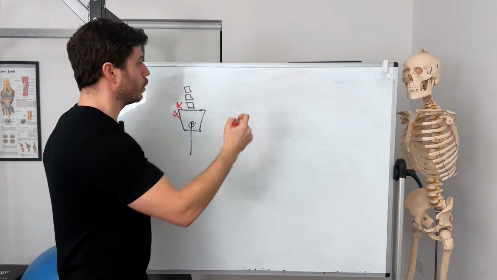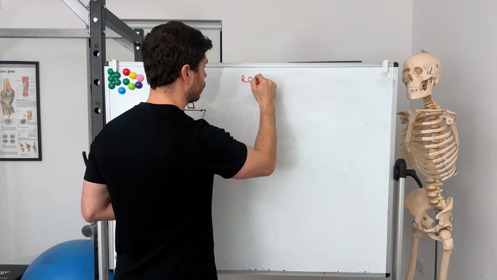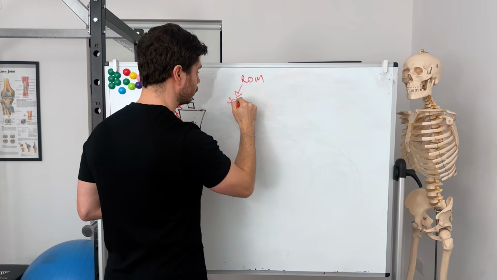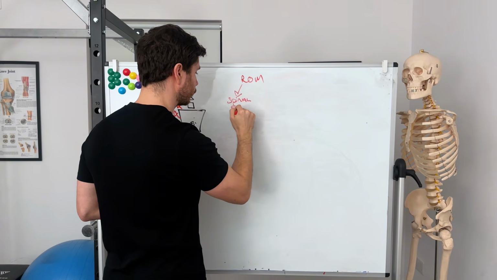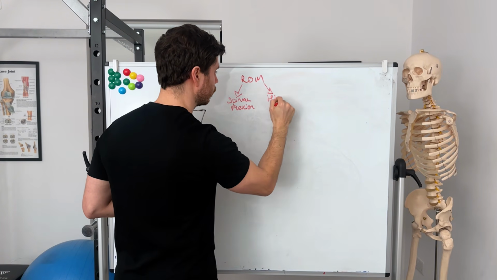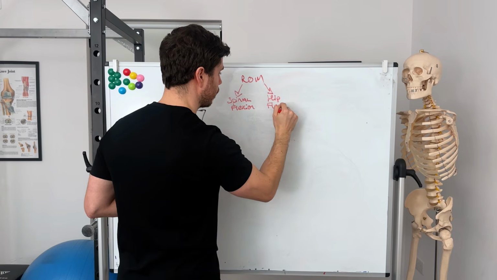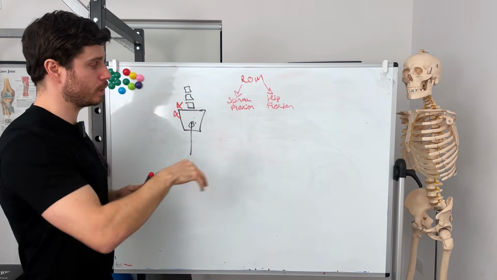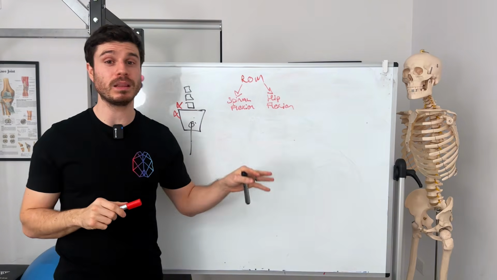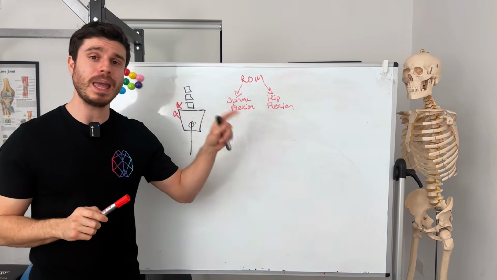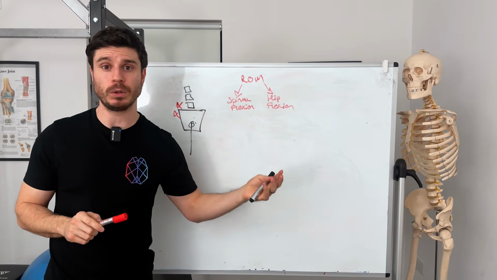So from a range of motion perspective, let's just say we're looking at, again, spinal flexion and hip flexion. So in this whole body task, we can say, okay, well, it looks like that individual is flexing their spine quite well, but it looks like the hip is not really flexing well, okay?